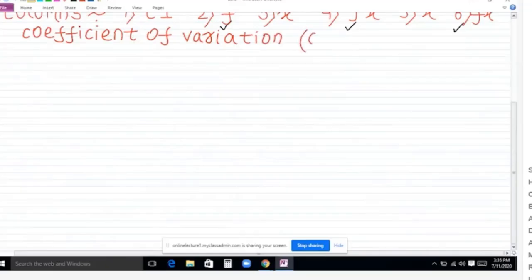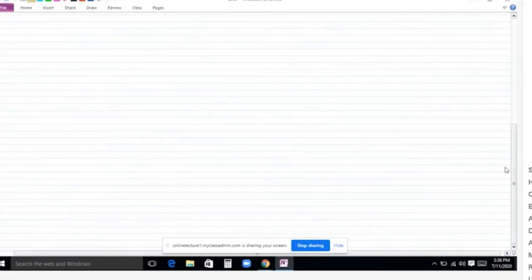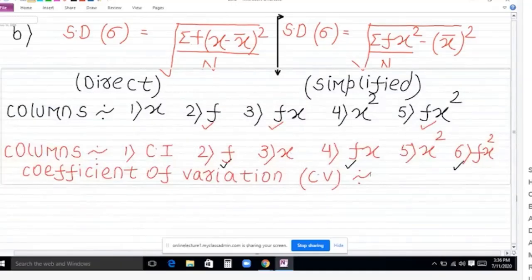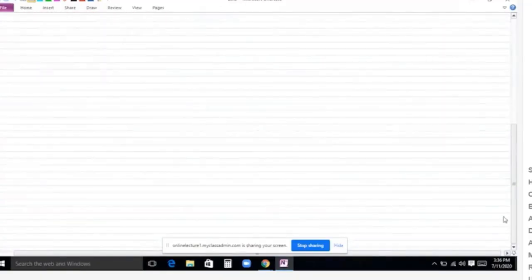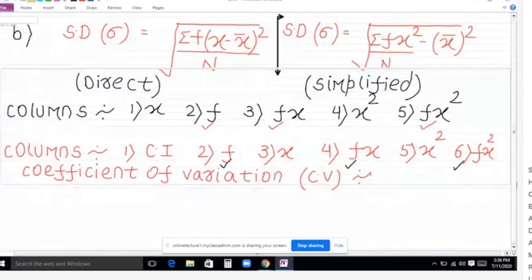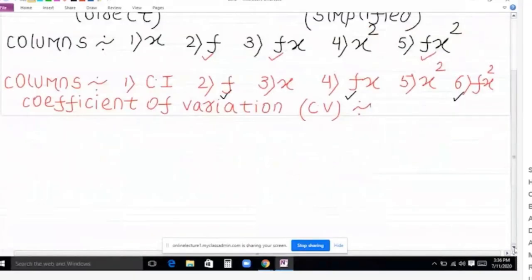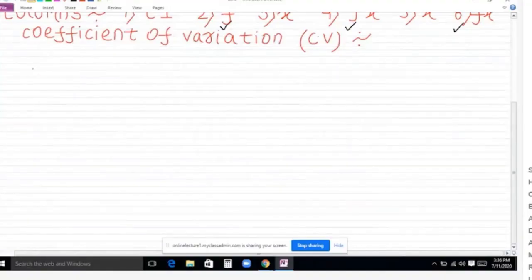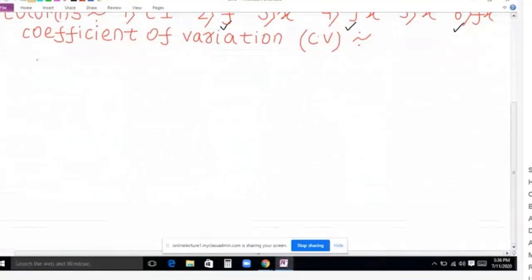And here you will write down its short form, which is called CV. CV stands for coefficient of variation. And now, when we are going to start with the formula for coefficient of variation, you can write down coefficient of variation.